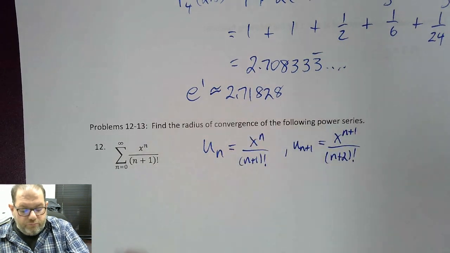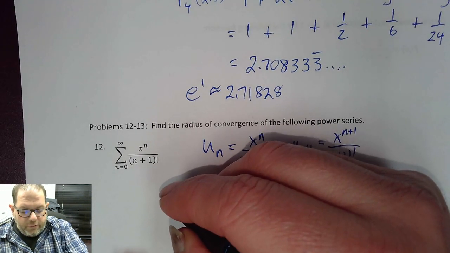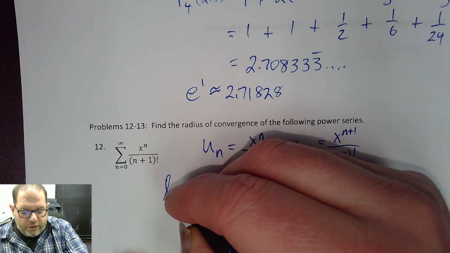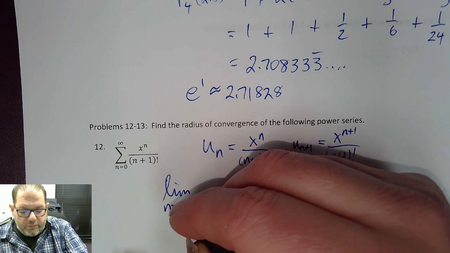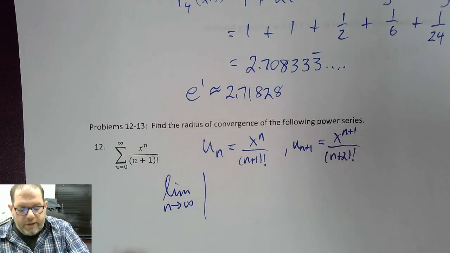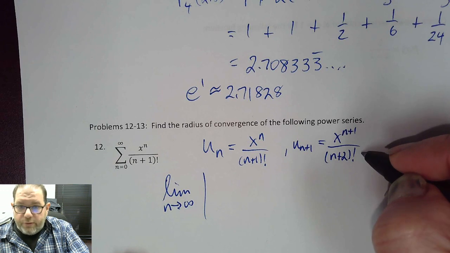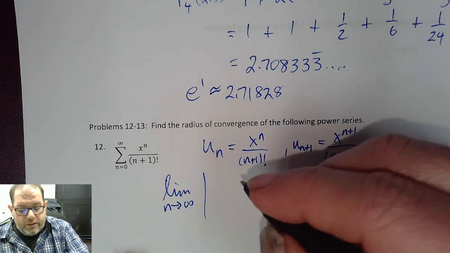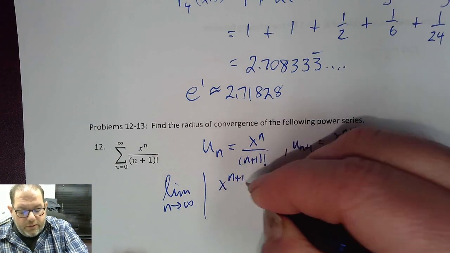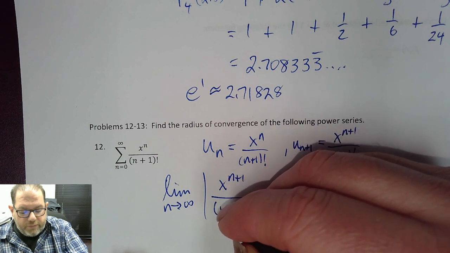And so we want to find where the limit as n goes to infinity of the absolute value of u sub n plus 1 divided by u sub n. So we'll plug in those two expressions.